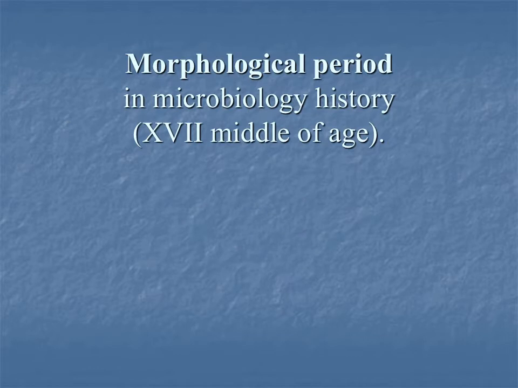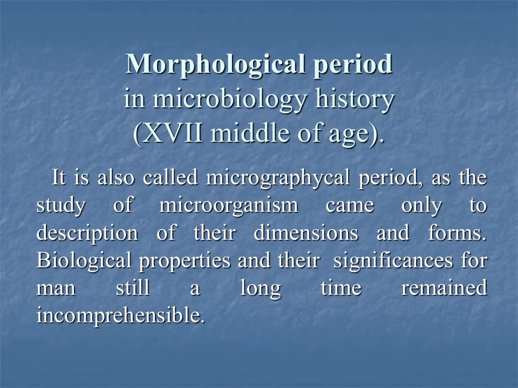The morphological period of microbiology history started in the middle of the 17th century. It's also called the micrographical period, as the study of microorganisms came only to description of their dimensions and forms.